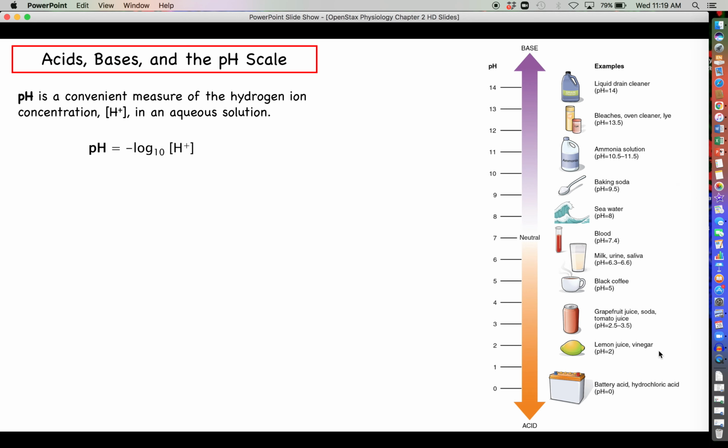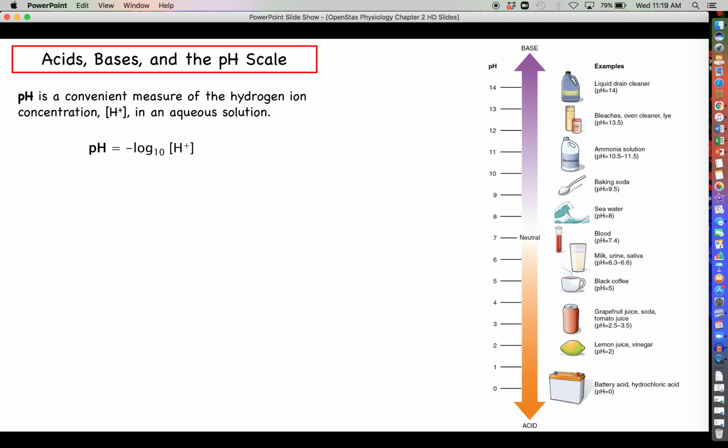Technically it is possible to have a solution that is below 0 or above 14, but the concentrations of the hydrogen and hydroxide ions get so extreme there that it's not really going to happen in biological systems. So for our purposes, we can just stick with the 0 to 14 scale here.